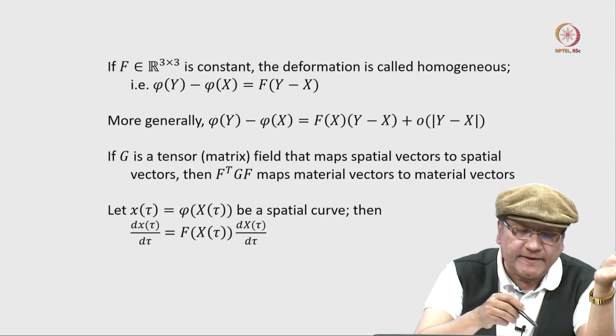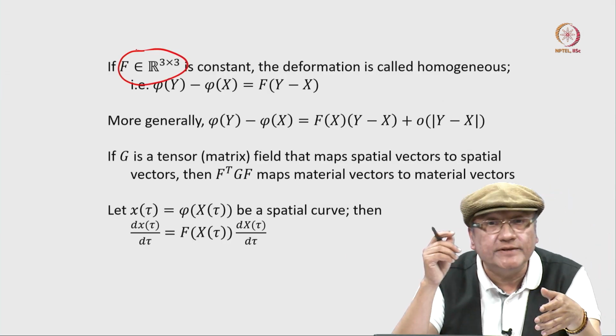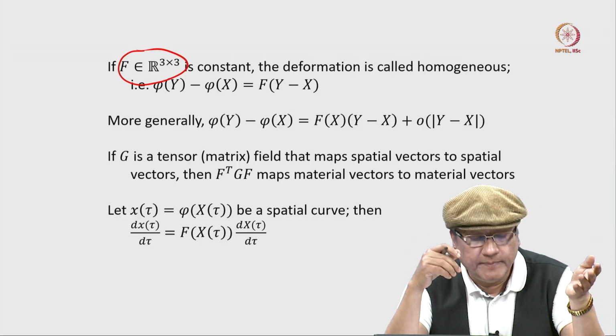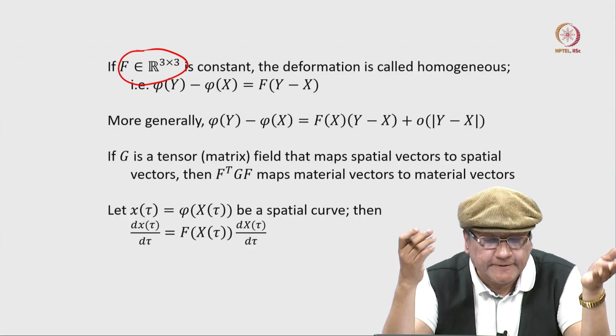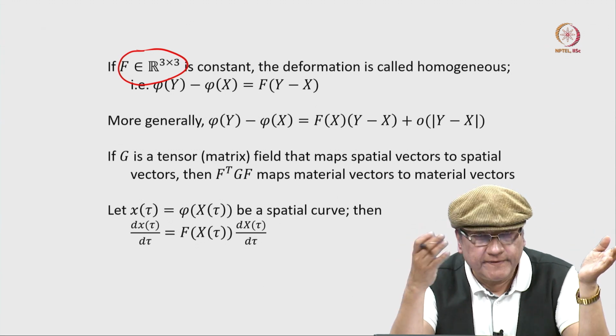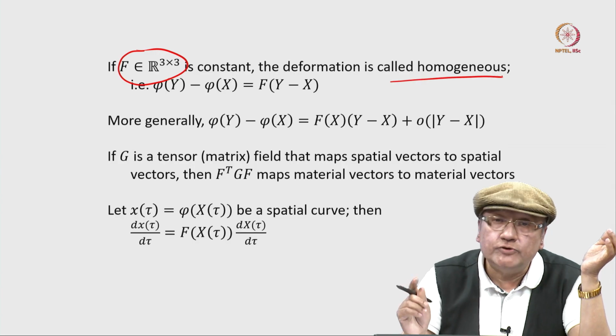One specific case for this F: you can understand that F is a 3 by 3 matrix. It is a field of matrices essentially, being a function of capital X and t. If F is constant, think of it as a constant matrix, then we call the deformation homogeneous.